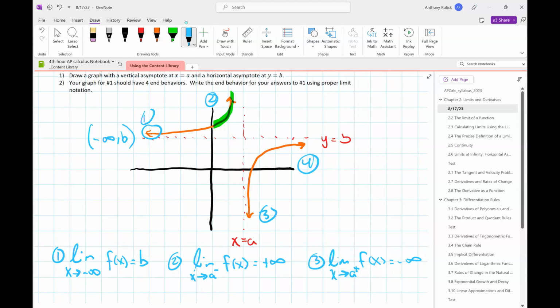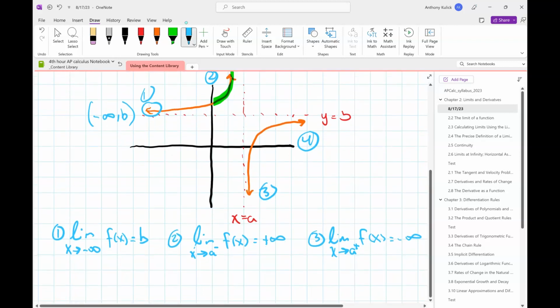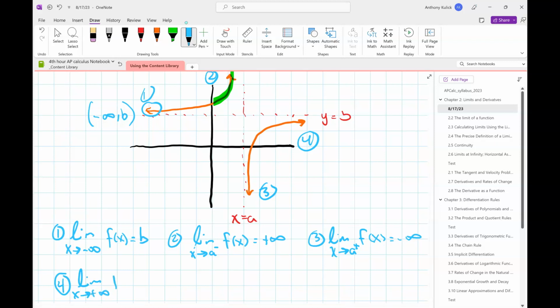Does that jog your memory? We're going to talk a lot more about limits today, tomorrow, and the next time, so even if it's not perfect today, that's okay. We'll get there. And this last one is the point positive infinity comma b, so the limit as x approaches positive infinity of f of x equals b.